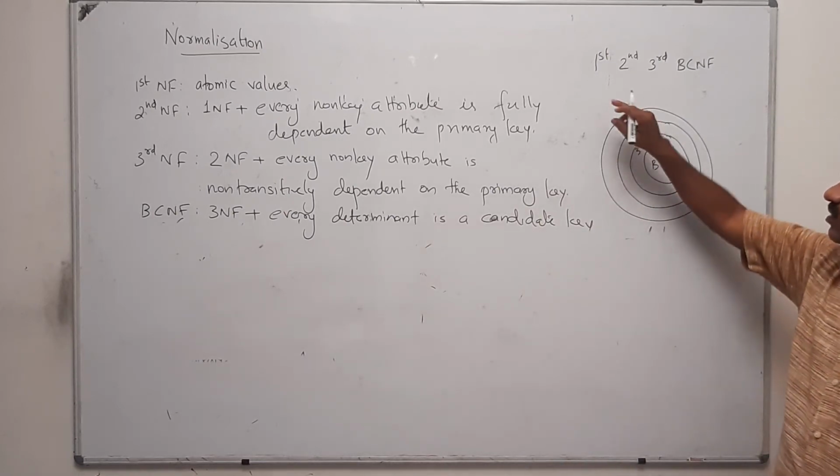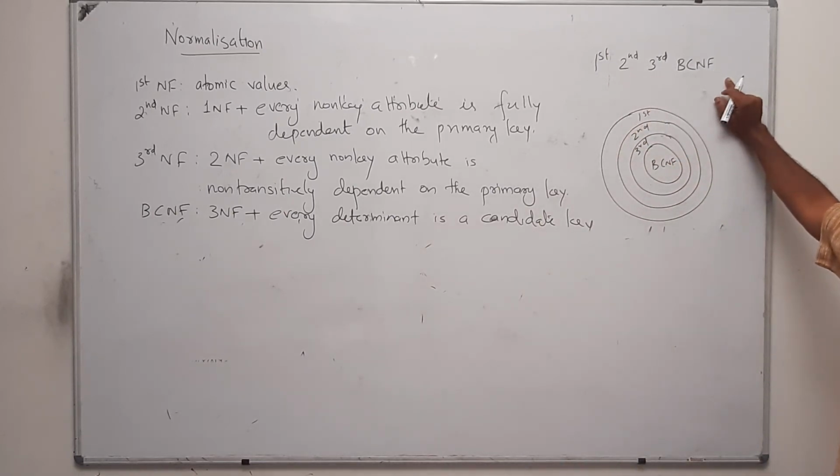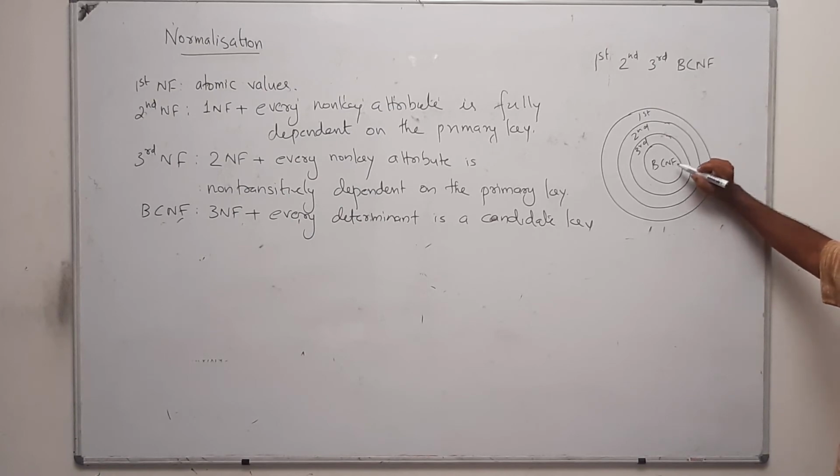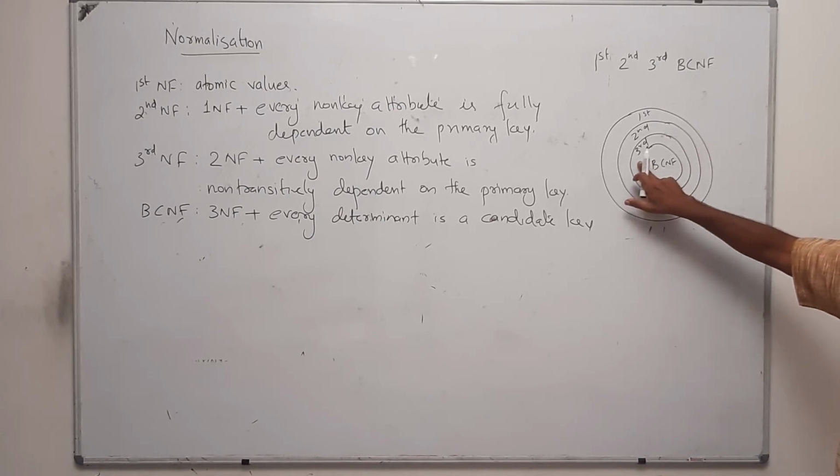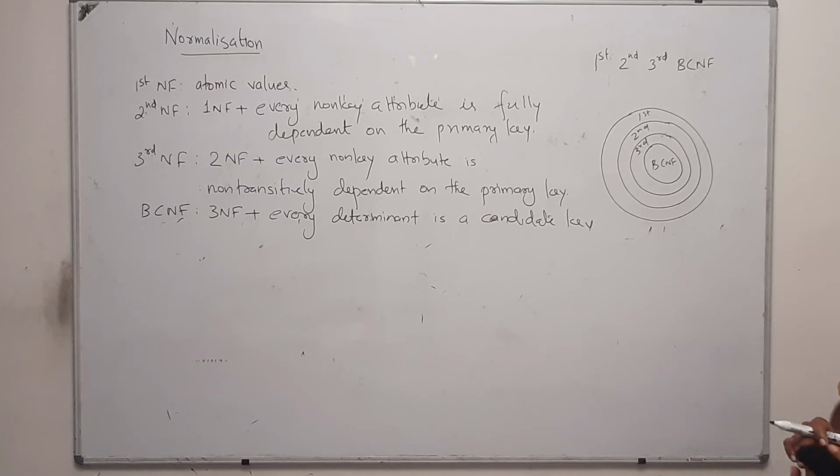So as far as first, second, third and Boyce-Codd normal form, BCNF is the most refined one.